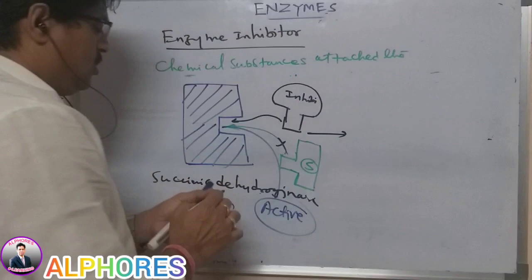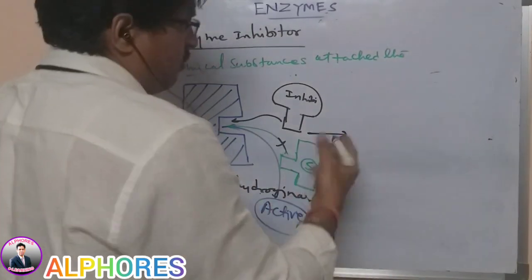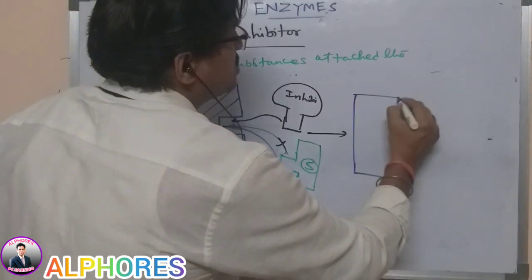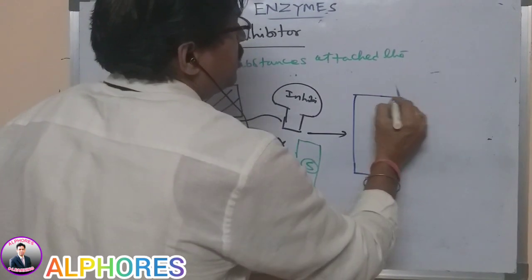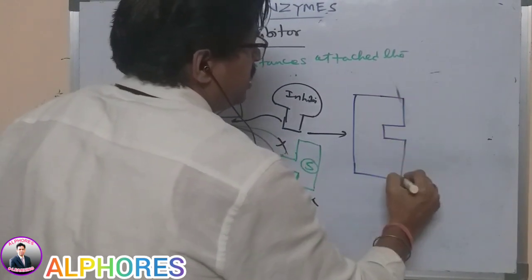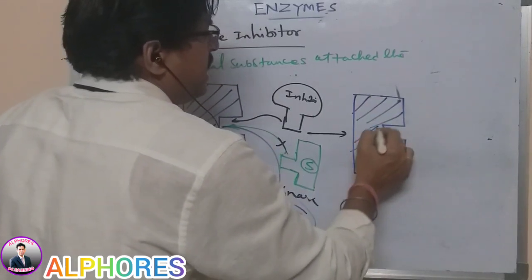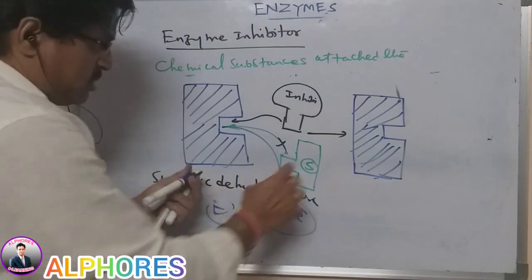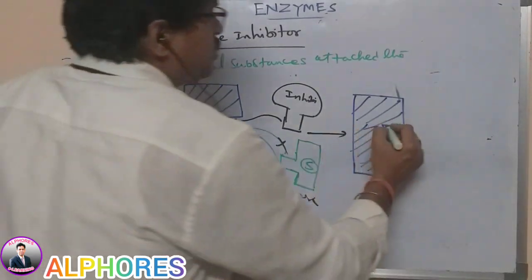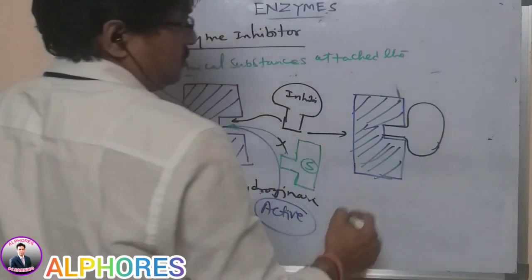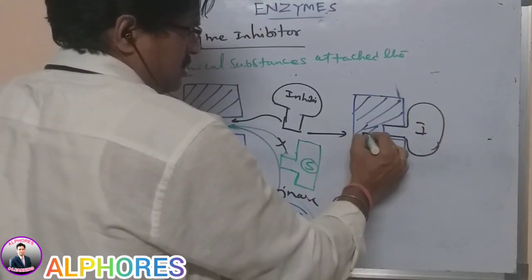As a result, you get a complex of the enzyme with the inhibitor. Suppose this is the enzyme; instead of the substrate, the inhibitor joins in this place.